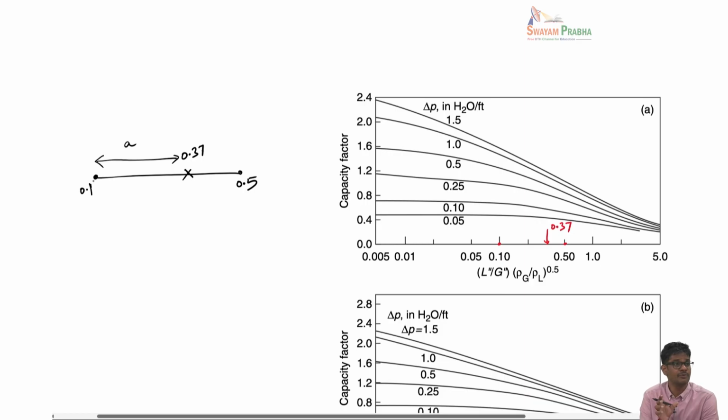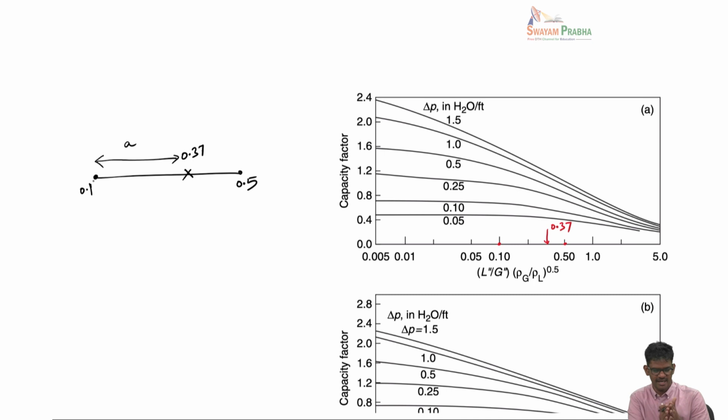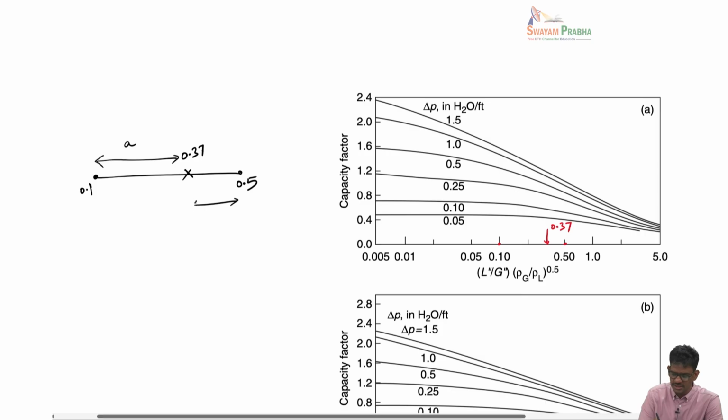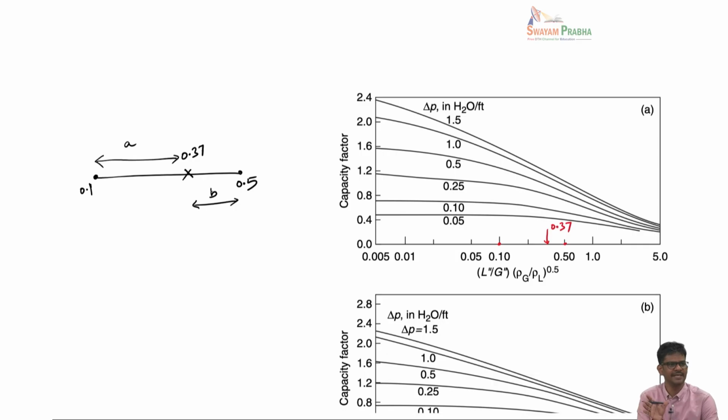I'm talking about now some linear distances. I've just taken that particular graph and I'm now looking in a linear dimension at what would be the length between 0.1 to 0.37. This is unknown to me right now, but that's what I want to find out. And then this is B, but A plus B would be the total length between 0.1 to 0.5 in a linear scale or a linear ruler.